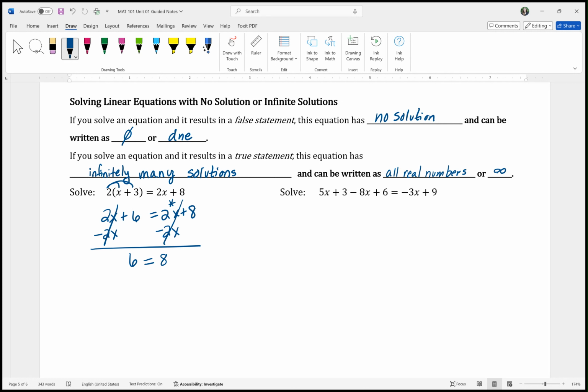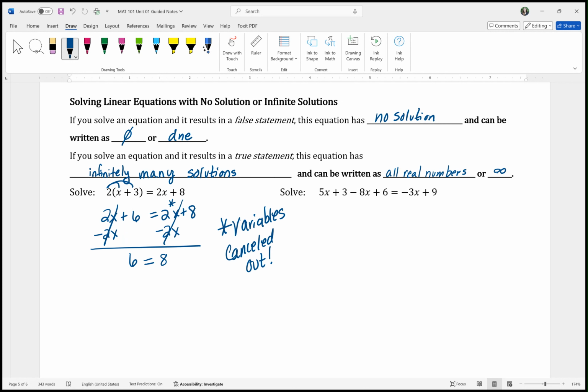You notice that this is special because the variables canceled out. That's how you know it's either no solution or all real numbers. So which one is it? Well, that depends on this statement. You're looking at these numbers and trying to decide, is this a true statement or a false statement?